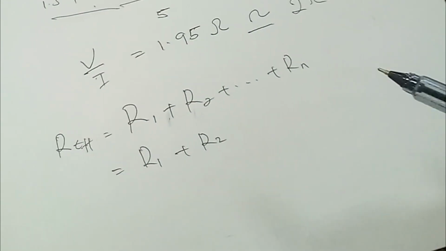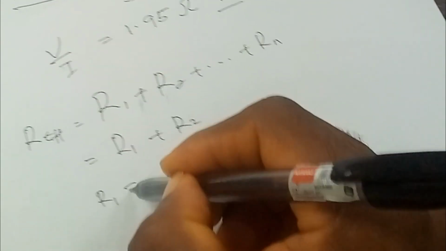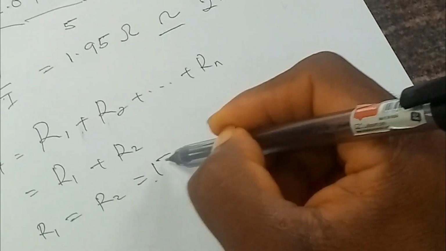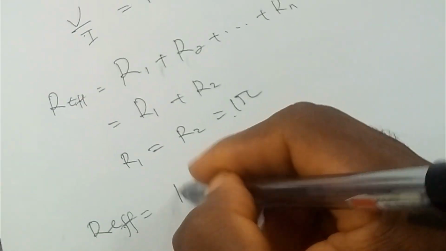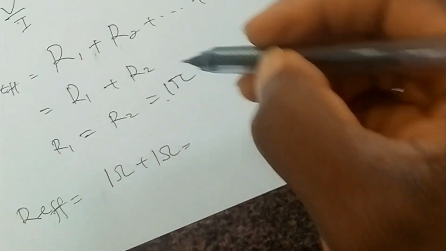But remember, we used 1 ohm resistors. That means our R1 is equal to our R2, which is equal to 1 ohm.